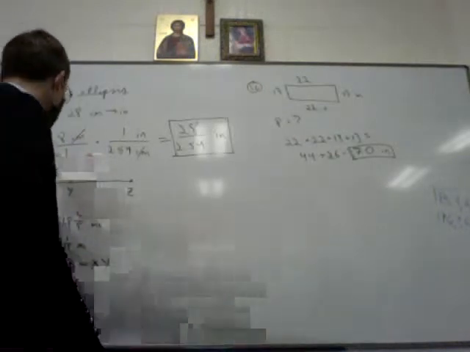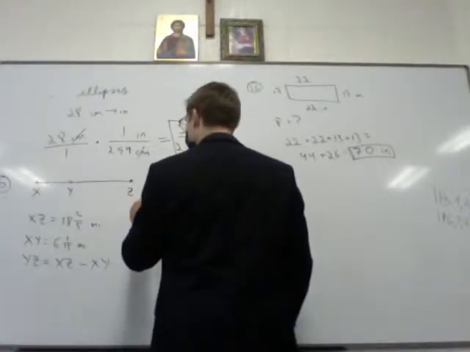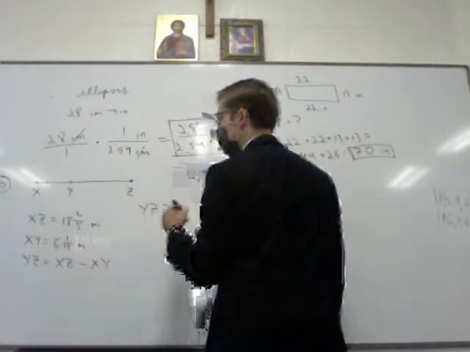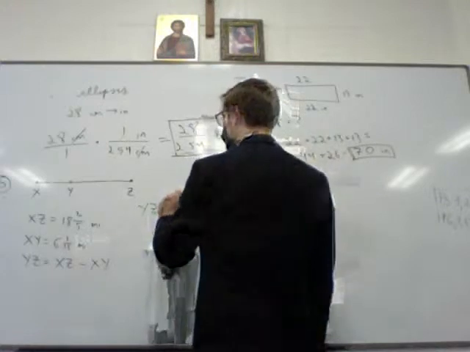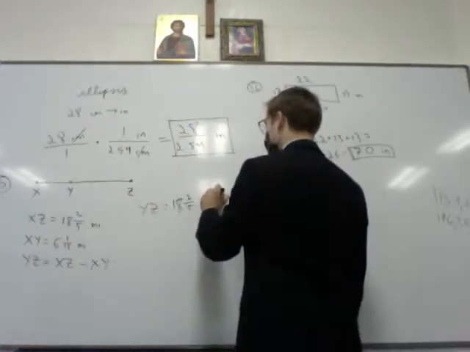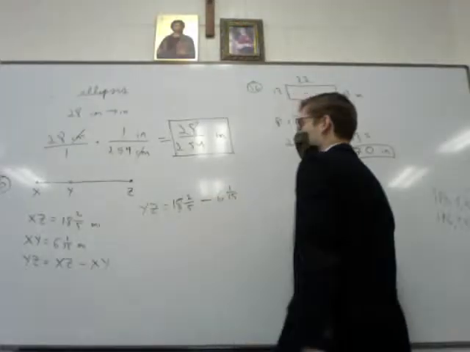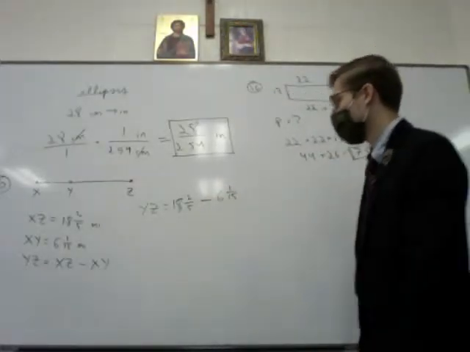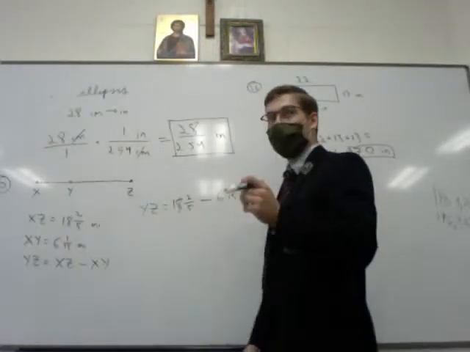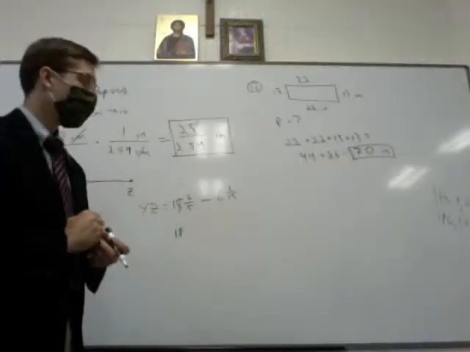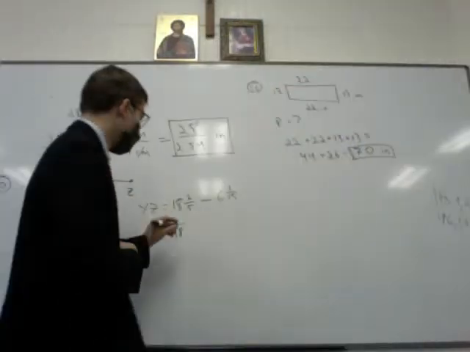Now we can just plug in our numbers that they gave us. So YZ is equal to, instead of XZ, what's the length of XZ? 18 and 2 over 5. All right, so we've got two mixed numbers that we're subtracting. How are we going to do that? We need a common denominator.